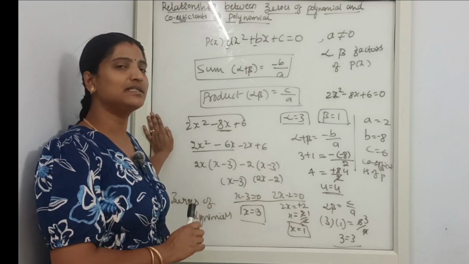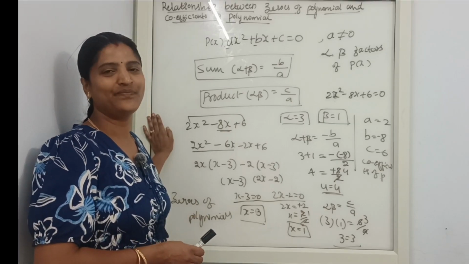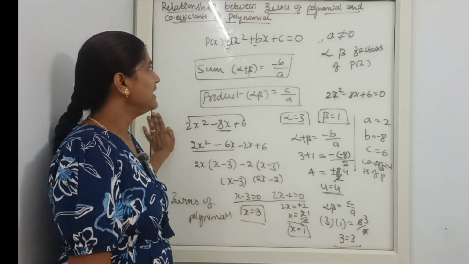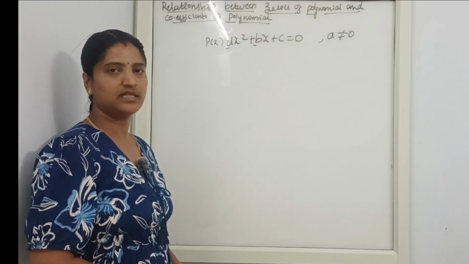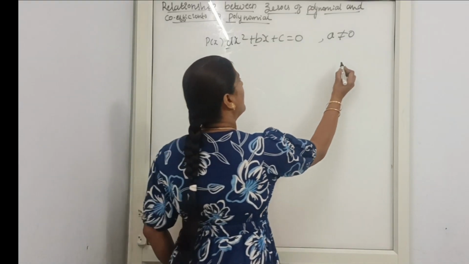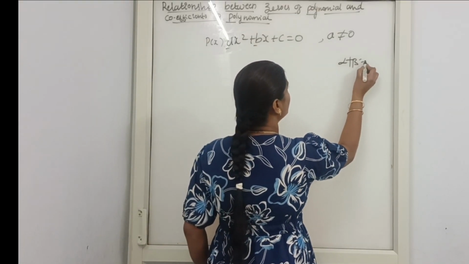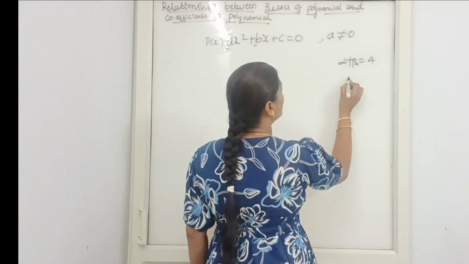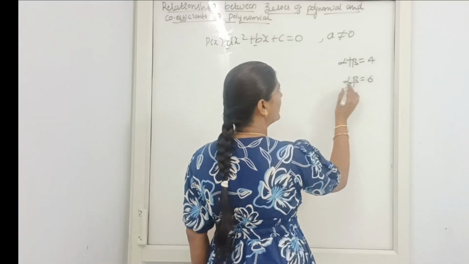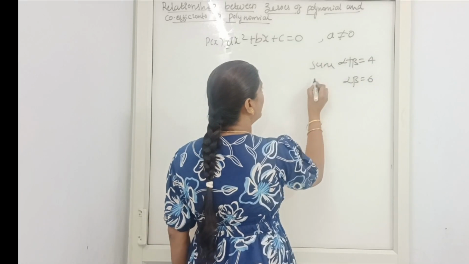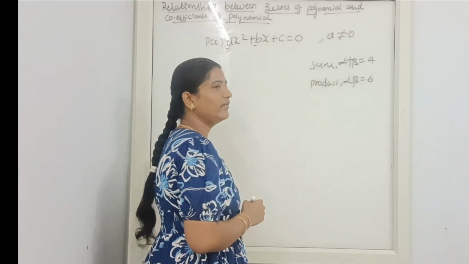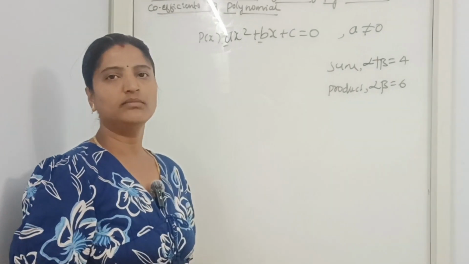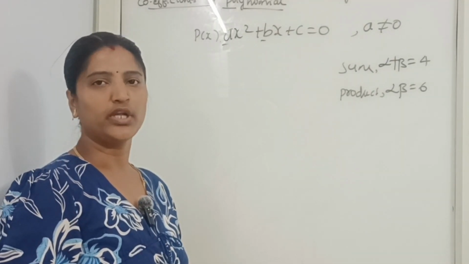If you understand this, then you can go through. Clear? Yes. Let us see the second one in the given exercise. That means they would have given alpha plus beta, for example 4, and alpha beta product, the sum and product. They only gave it and asked us to form the general equation or polynomial.